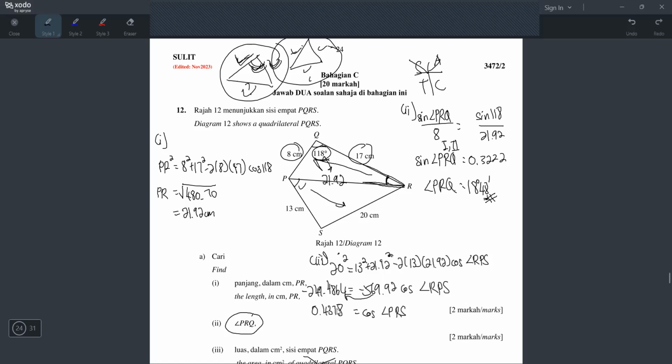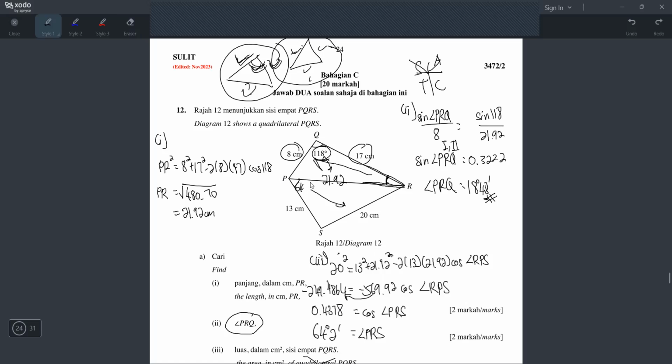And then shift cos answer. Shift cos answer is 64 degree 2 minute. So your RPS is what? Sorry, your PRS, not RPS, PRS. PRS is 64 degree 2 minute. It means this angle here is 64 degree 2 minute.